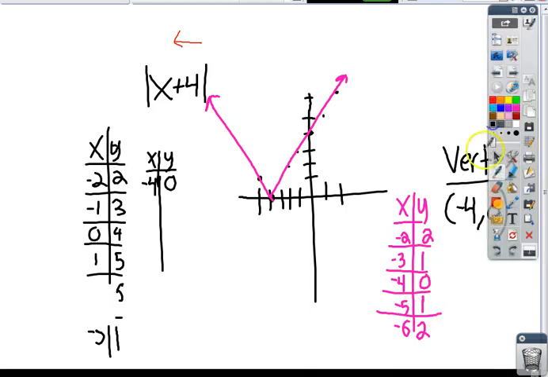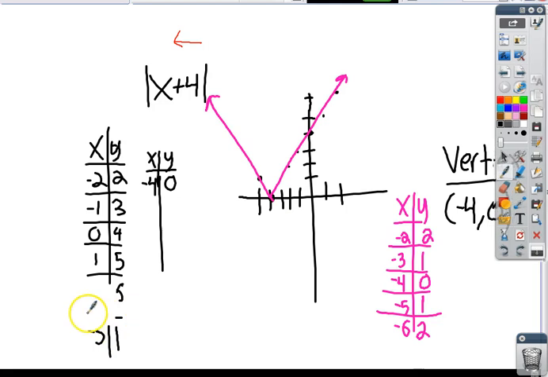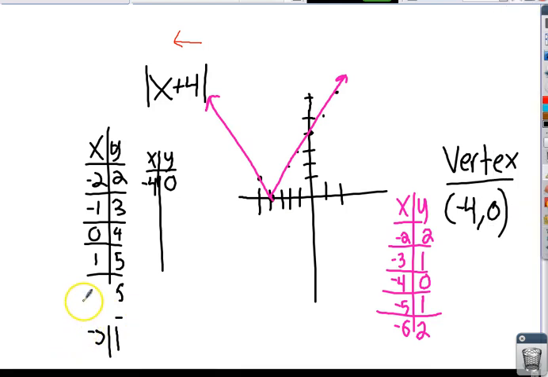But if I did a T-chart over here, and I use these particular values, like I usually do, negative 2, negative 1, 0, 1, and 2, I get y values of 2, 3, 4, 5, and 6. Here's the problem with that. That's not going to make a V. So either I pick other values like negative 5, which I would put negative 5 in and get 1, and then I have to pick negative 4 and get 0.